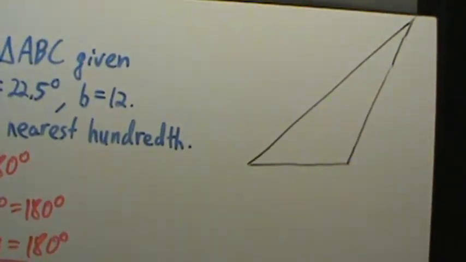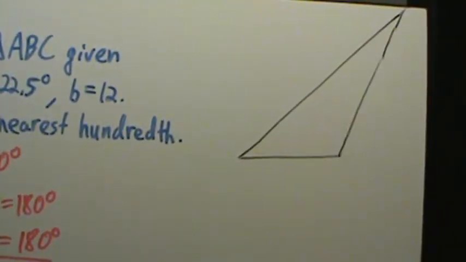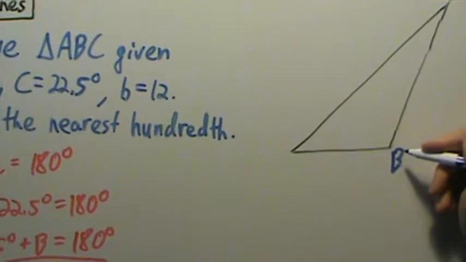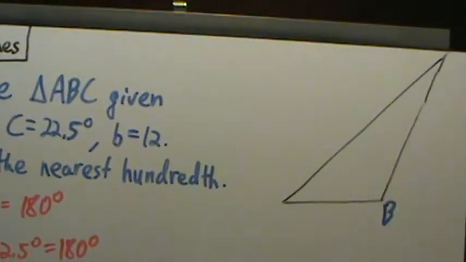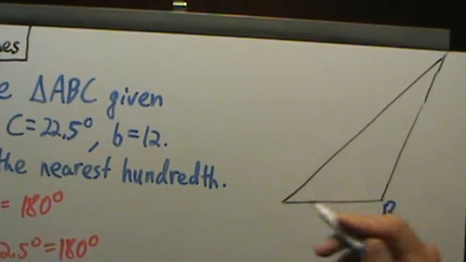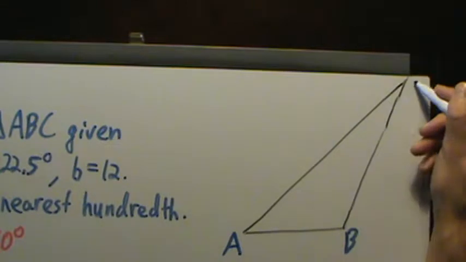So, angle B is our obtuse angle, so this right here is angle B. Angle A is 40 degrees and angle C is 22.5 degrees, so this will be our angle A, because it's a little bit bigger the way we drew it, and this is angle C up here.